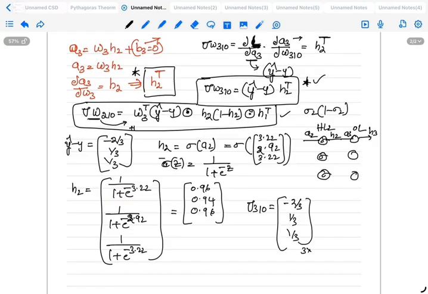This is 3 cross 1, and H2 is also 3 cross 1, so matrix multiplication is not possible. Because of that, to match the dimensions we use H2 transpose, that is 0.96, 0.94, 0.96 transpose.